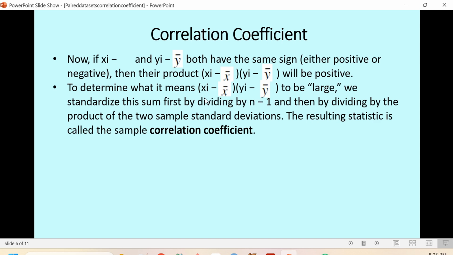If xi is a million and yi is a million, then it will be a very large value. But if xi is 100 and yi is 100, it will not be very large. But when divided by both standard deviations, the result will be a coefficient between -1 and +1.